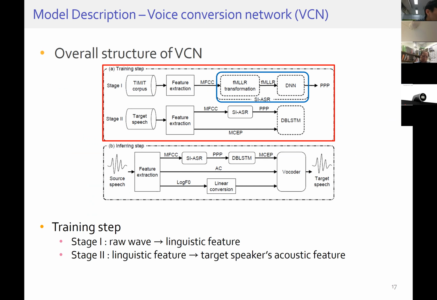In stage 1, a speaker-independent automatic speech recognizer, SIASR, is trained to convert acoustic features of source speech to linguistic features. In stage 2, a deep bidirectional long short-term memory, DBLSTM, is trained to convert linguistic features to acoustic features of the target speech.